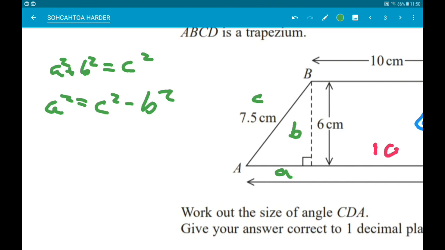So stick in the numbers. A squared is 7.5 squared minus 6 squared. Now that is going to give us 20.25.